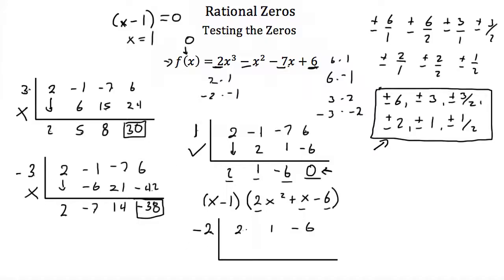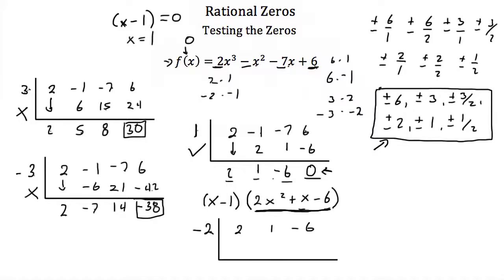Now you could test this first polynomial's coefficients when you divide, because you would still find out if negative 2 or whatever you plug in is a root or a 0. But you can also use this smaller polynomial, which I think is easier, and that's why I do it this way.